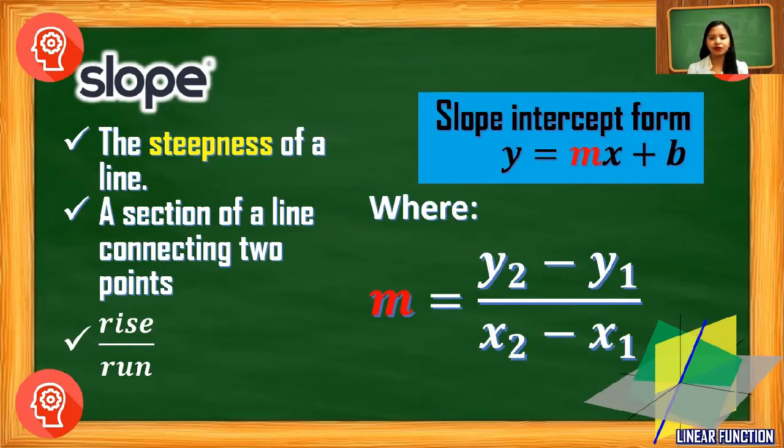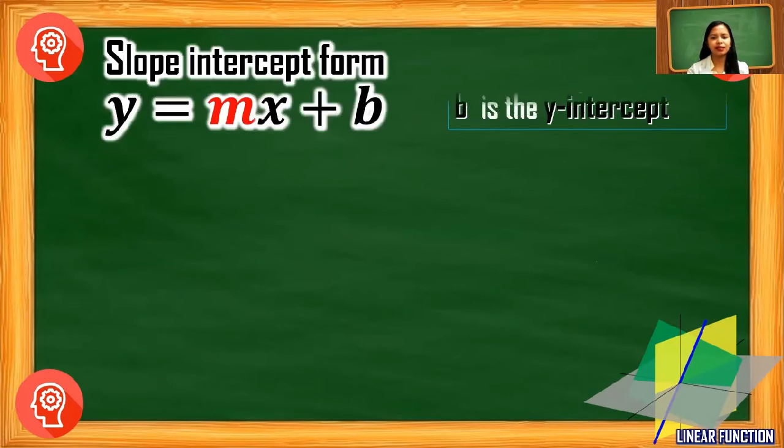But let us not focus on this. I only want you to focus on identifying the slope and the y-intercept from the given linear function. Again, the slope-intercept form is y is equal to mx plus b, where m is the slope and b is the y-intercept. So let us practice identifying the slope and the y-intercept from the given examples.